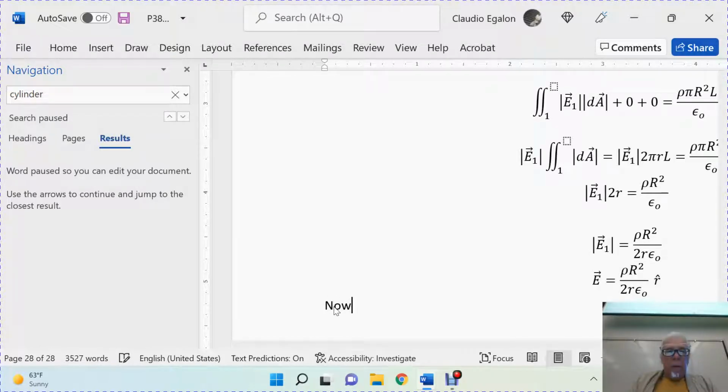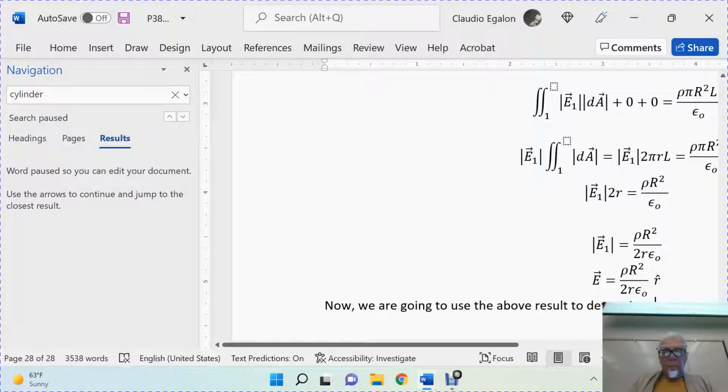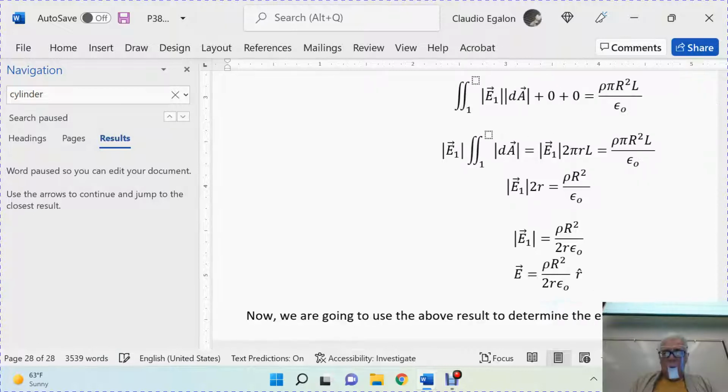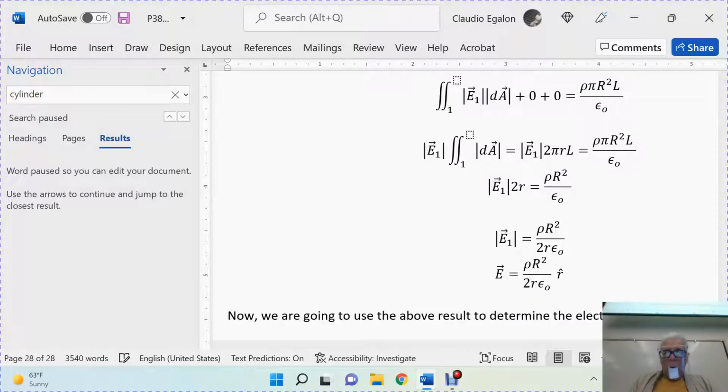Now we're going to use the above result to determine the electric potential of the cylinder.